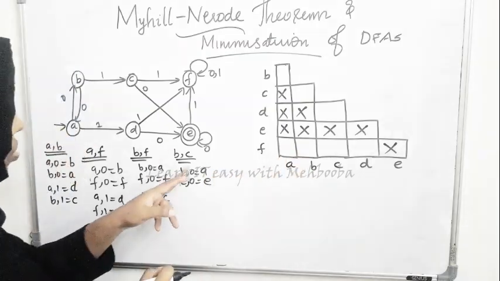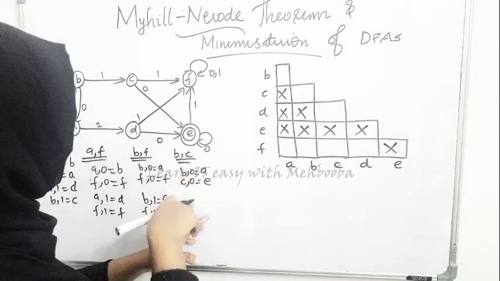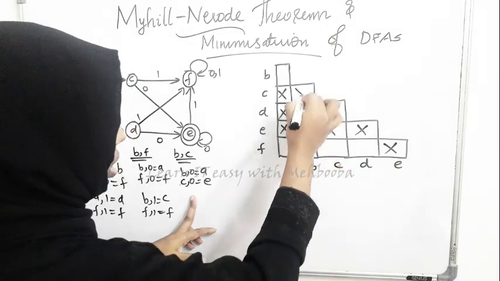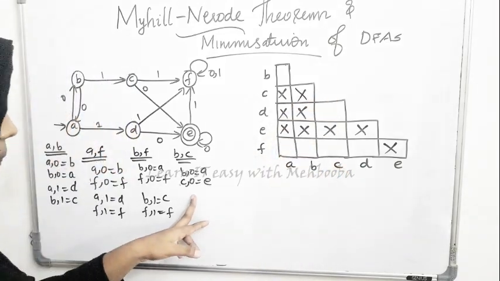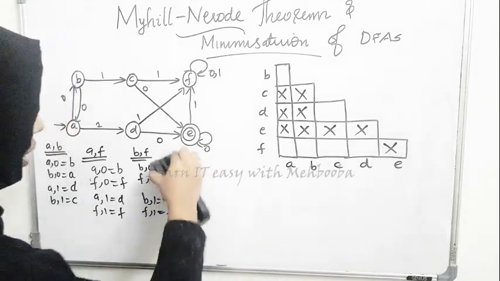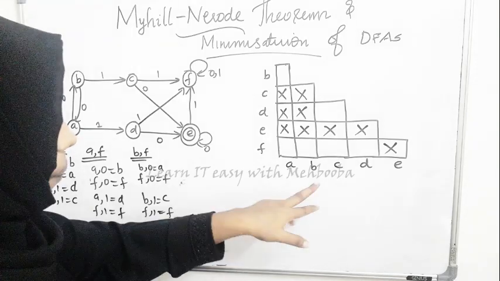That is, B on 0 goes to a non-final state, whereas C on 0 goes to a final state. They can never be equivalent. So we will mark it. BC is marked. They can never be equivalent. Yeah. So as it is marked, I don't want to keep this anymore with me because we have taken a decision on BC, right?